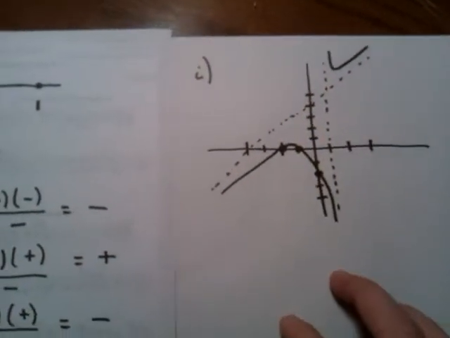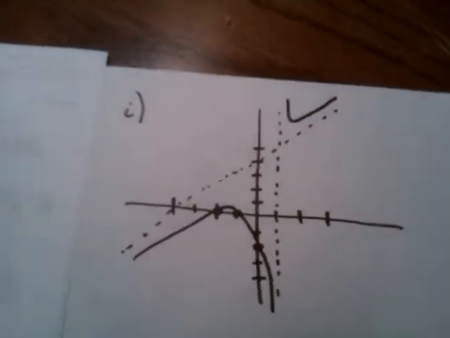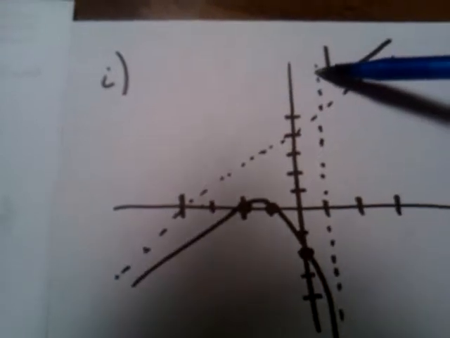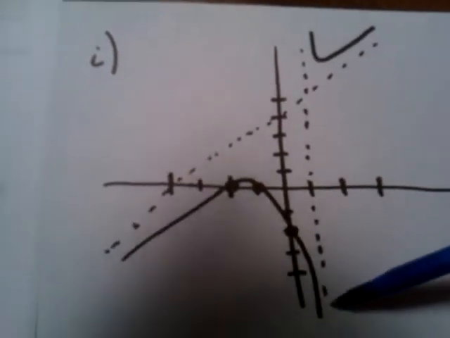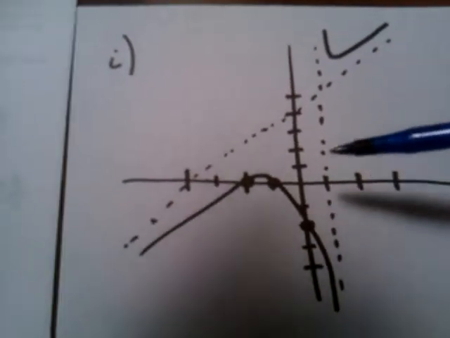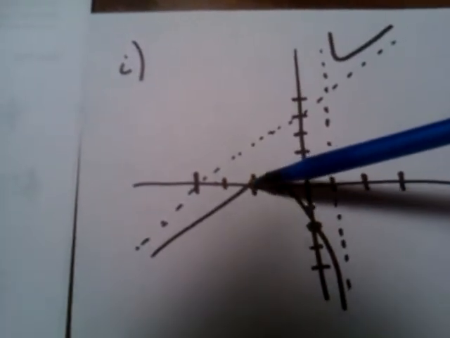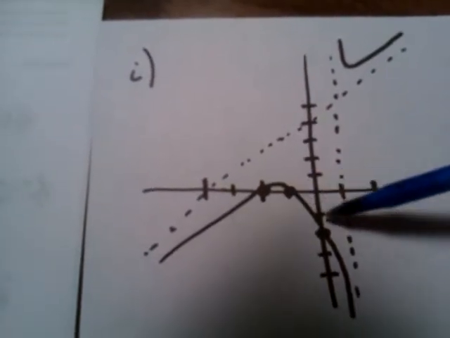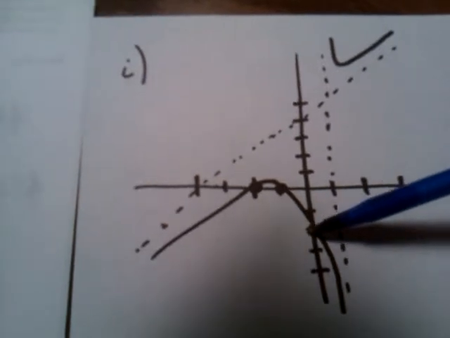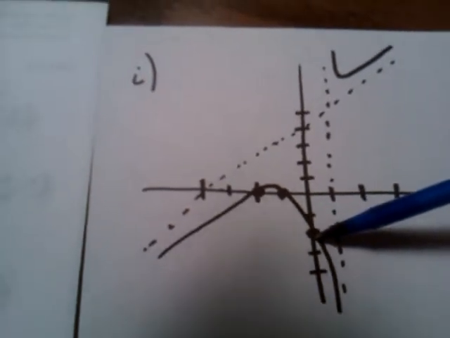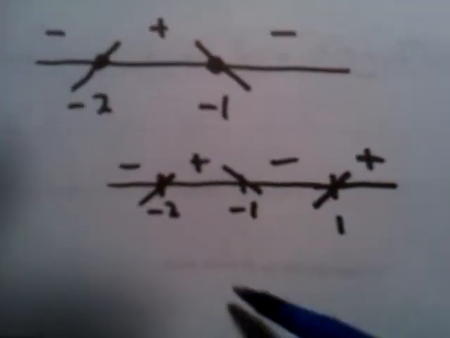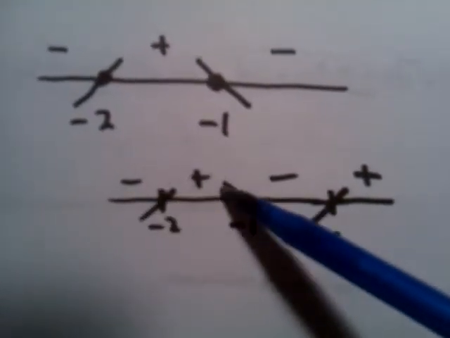Here's my very crude graph of this. Sorry, I'm not very good at graphing. But we've got the vertical asymptote at x equals 1, and then we've got the x-intercepts at minus 2, minus 1, and then the y-intercept at minus 2. So we know from the work we did over here that it's negative, positive, negative, positive.